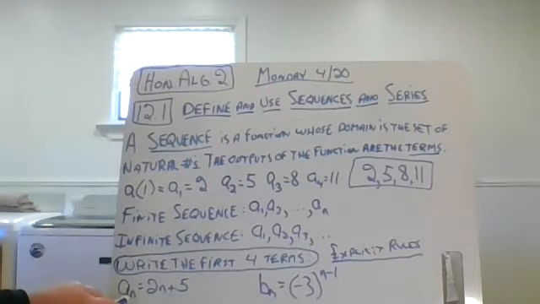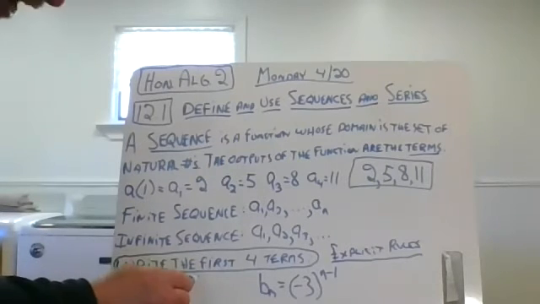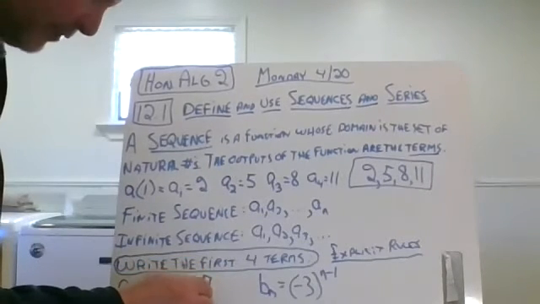So if your A sub n is 2n plus 5, what is A sub 1? Anybody? 7. Yes, 2 times 1 is 2 plus 5, 7.